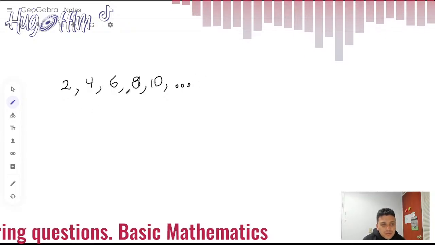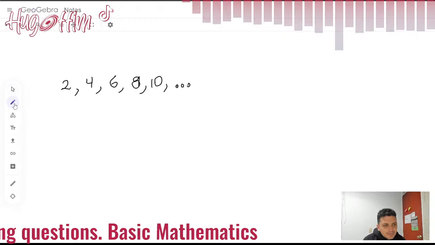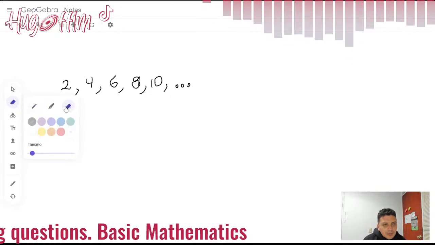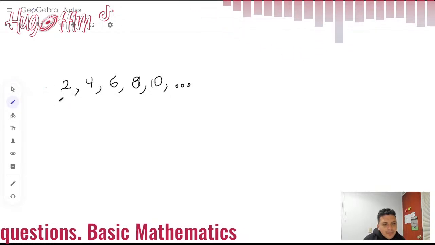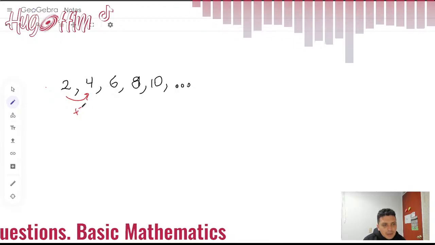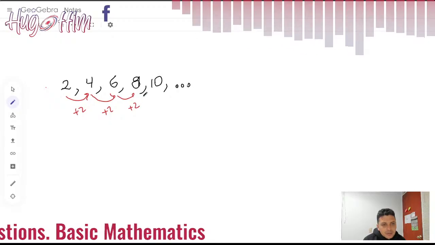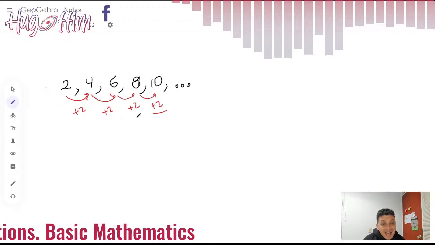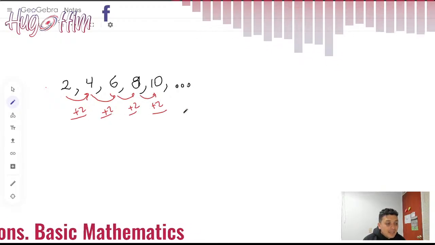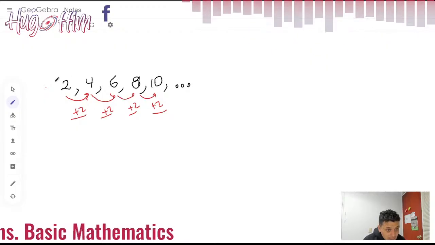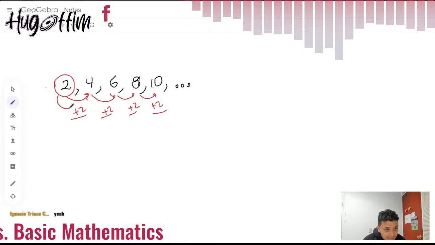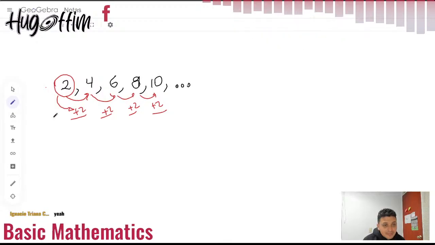Any sequence of this form, observe that in this sequence all the time I'm adding the same number: plus 2, plus 2, plus 2, plus 2. And not only am I adding the same number, I'm also starting with the same number that I'm adding.